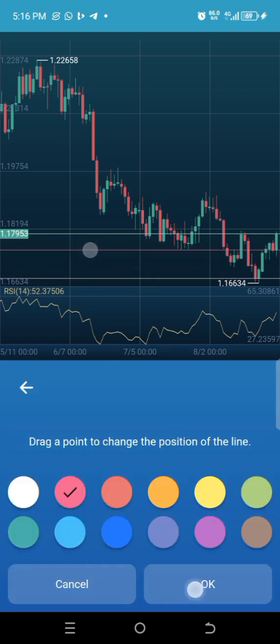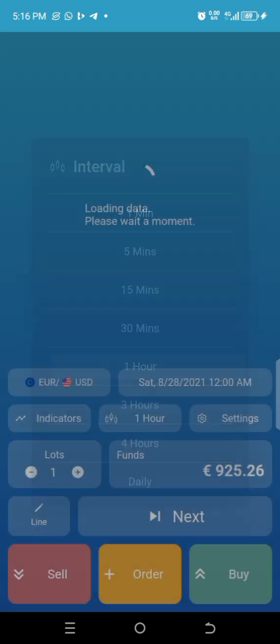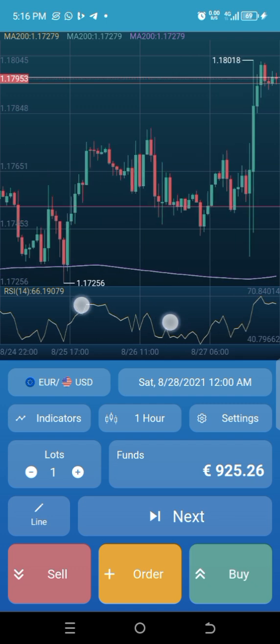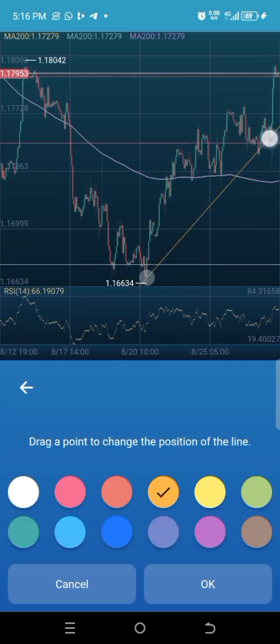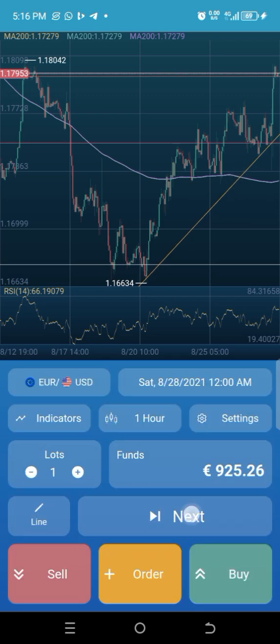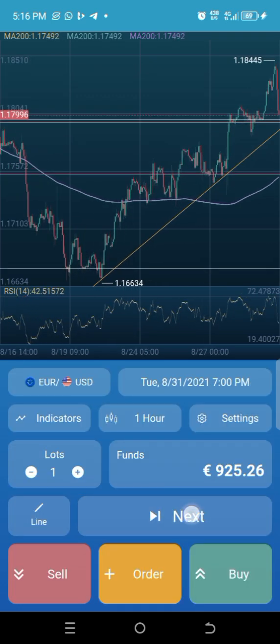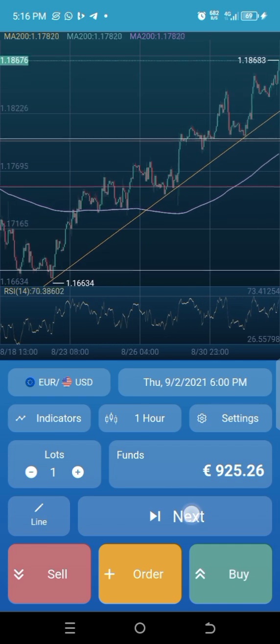Open and close. Let's wait for the 1 hour. Let's wait for that break of trend line.